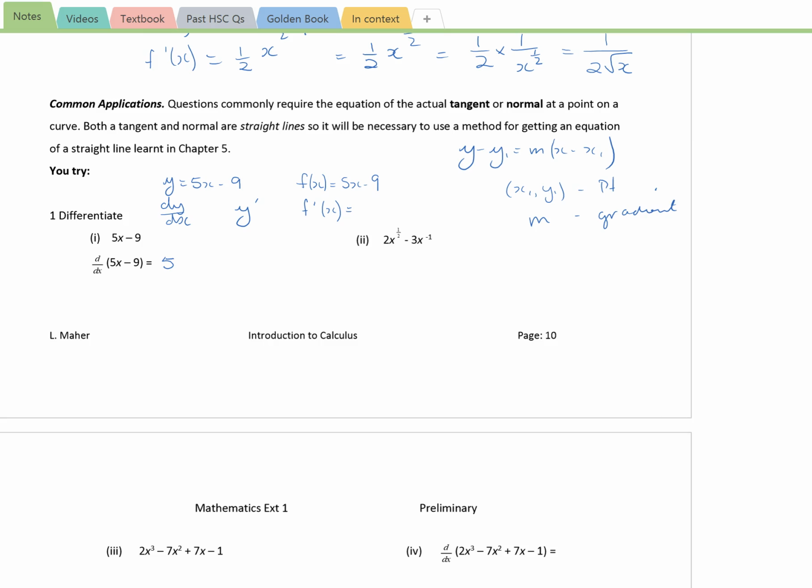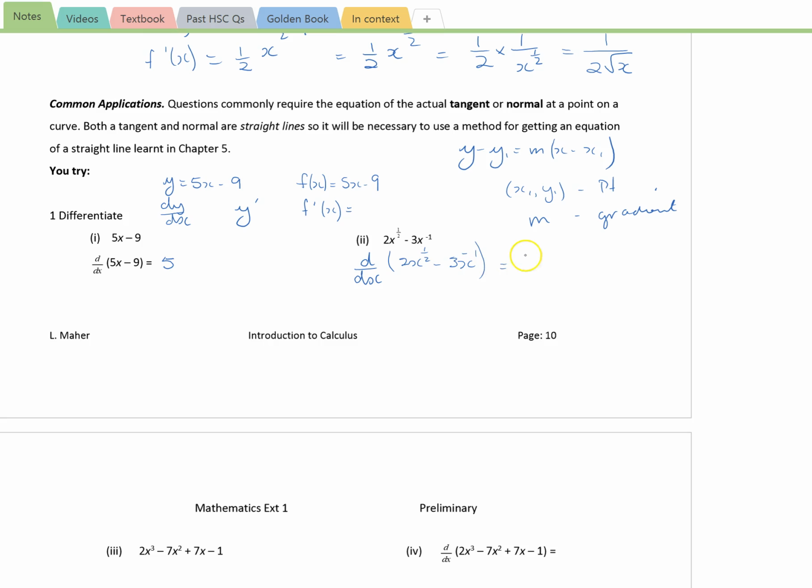And again, no name given to this. So the notation I'm going to use is I'm going to differentiate with respect to x, and I write the expression I'm going to differentiate, which is 2x to the half minus 3x to the minus 1. How do I do that? Bring the power to the front. And again, once I start differentiating, I don't write d/dx.